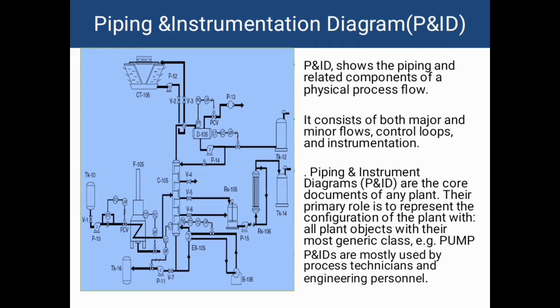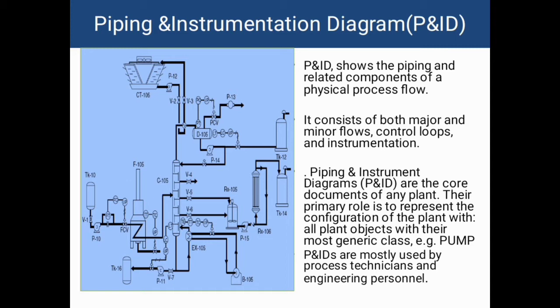Here, the connection between these equipments and the instruments installed in the equipment, the interlocking between the instruments, how the controlled variable is conveyed to the control room, in what way, whether it is electrical signal or pneumatic signal, and how many instruments are located in the field, how many instruments are located in the control room, how many instruments are located in the remote place. Everything will be detailed in this piping and instrumentation diagram.